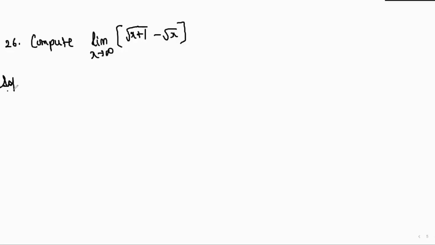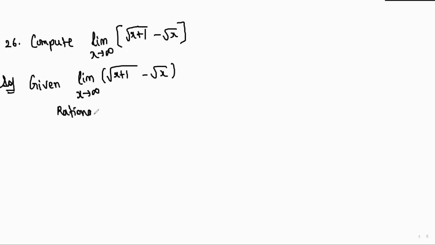Now take the next question. Compute limit x tends to infinity of root over x plus 1 minus root x. First, let us take the given limit. Now rationalize the numerator.